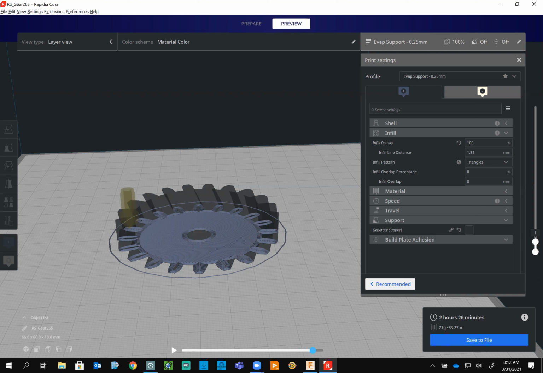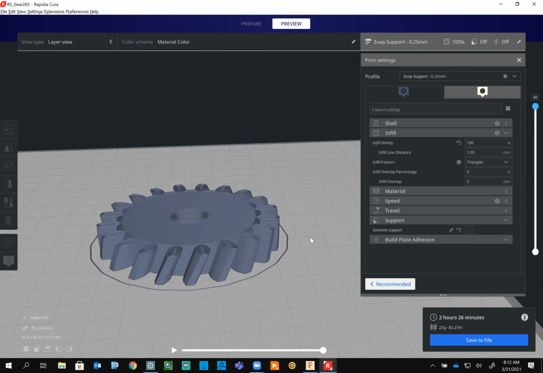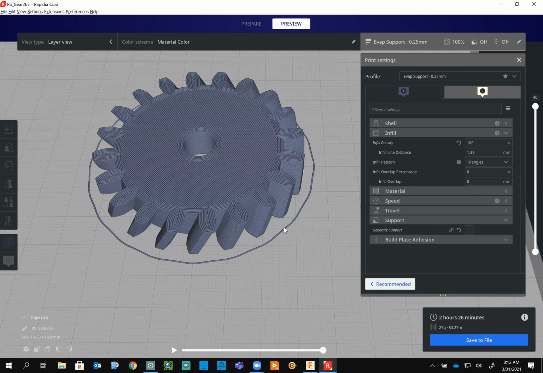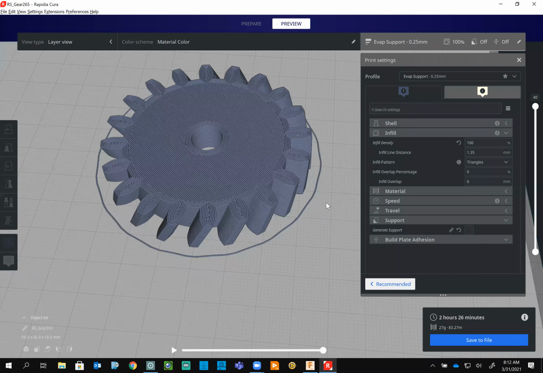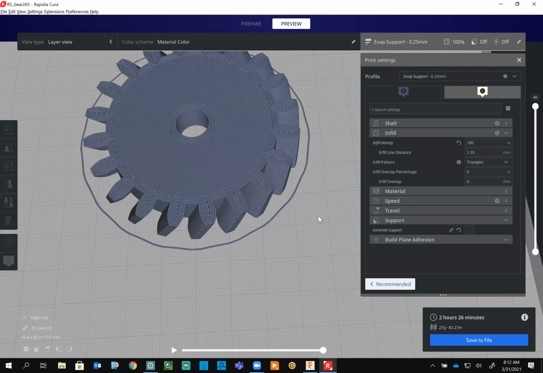And then goes to the next layers, next layers, next layers, and it's going to be built like that. And you can see it's a helical gear, right? And it's being printed like that. Nice and interesting.